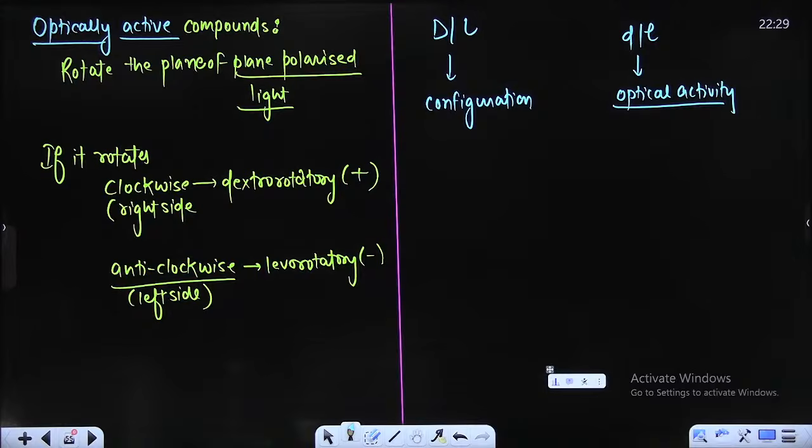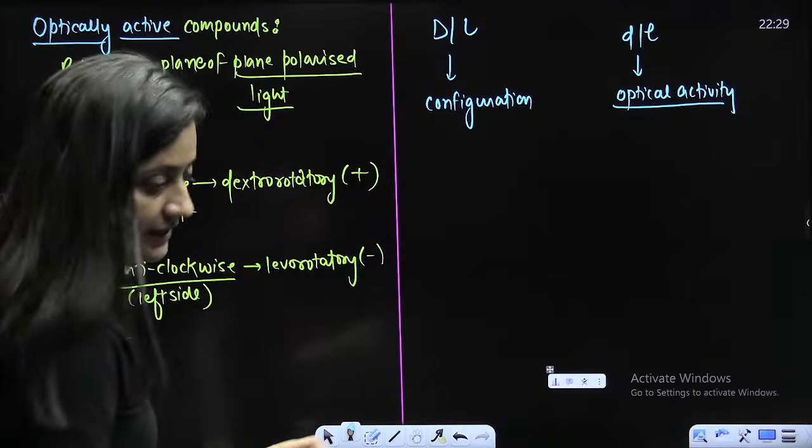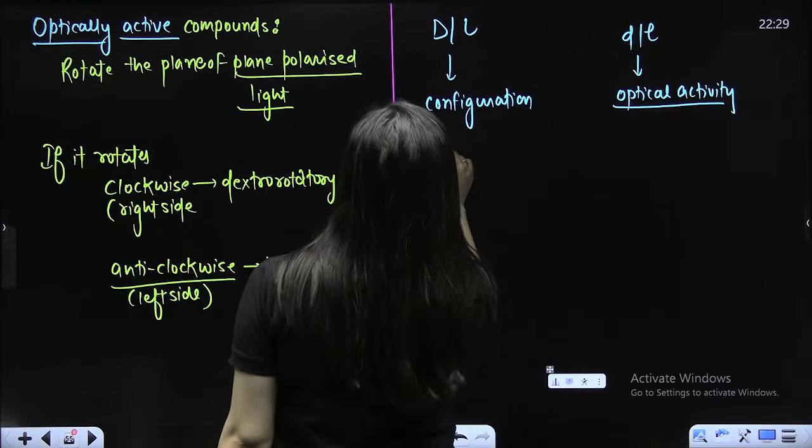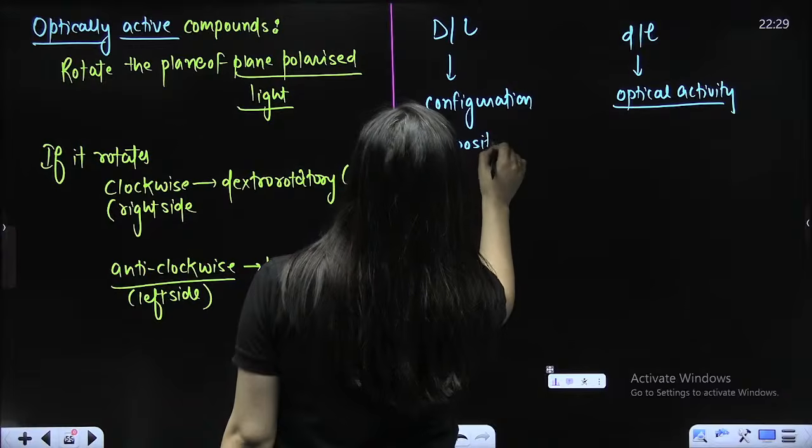Now, the next part is reducing sugar. Any doubt here? So this is what you have to remember: you see the OH position at the chiral carbon.